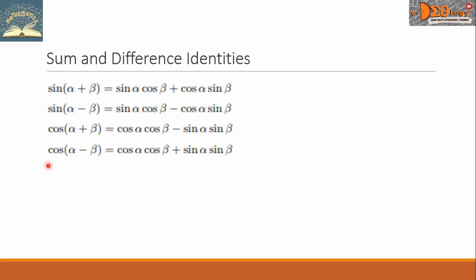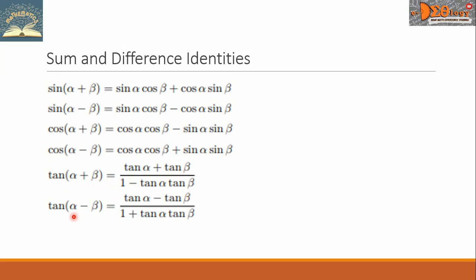I will go now to the tangent. For the tangent of the angles alpha plus beta equals tangent alpha plus tangent beta all over 1 minus tangent alpha times tangent beta.